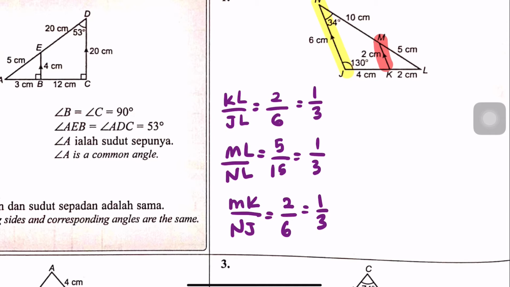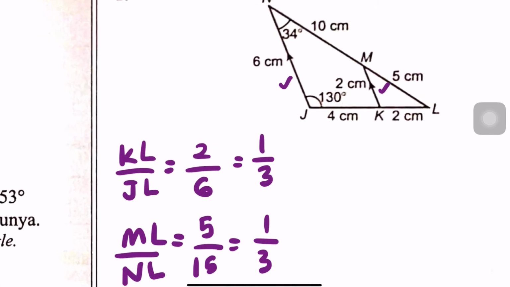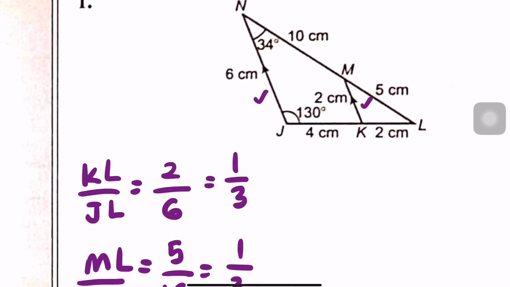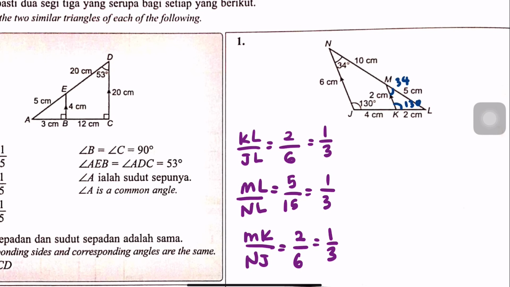Now let's check the angle. Because these two lines are parallel, we know that the corresponding angles are also the same. So over here is also 130, over here is also 34. Let's write properly.